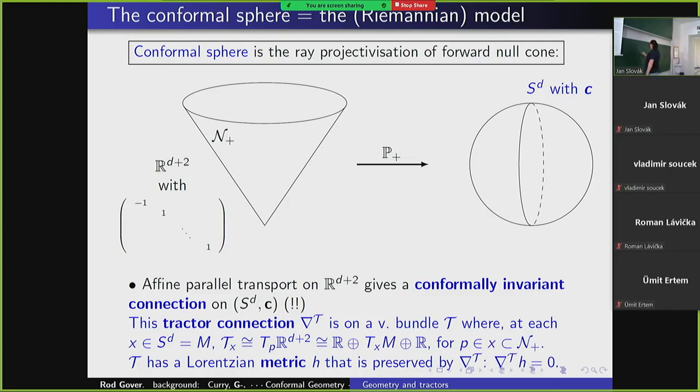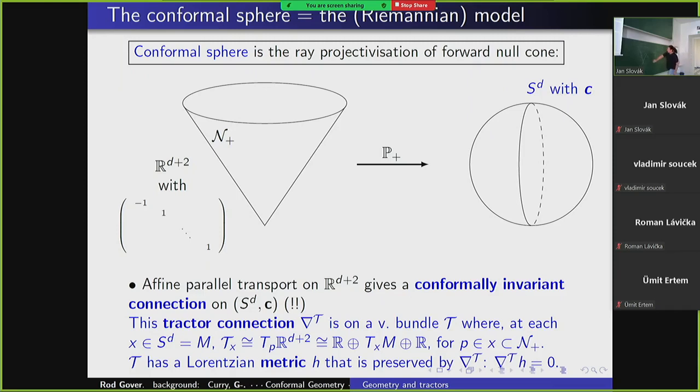And then that gives me some section of the null cone. Now on that section, I can look at the tangent vectors and evaluate them using this Lorentzian inner product, right? And that'll induce, on the sphere, some metric g induced from that. And it's quite easy to see that if this is a section, then this is a Riemannian signature metric.